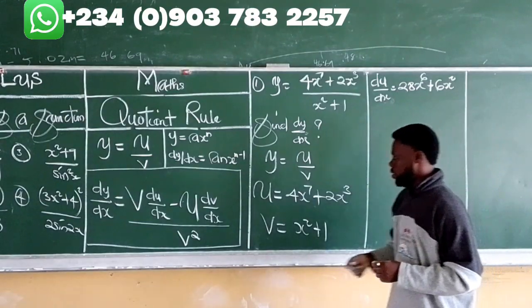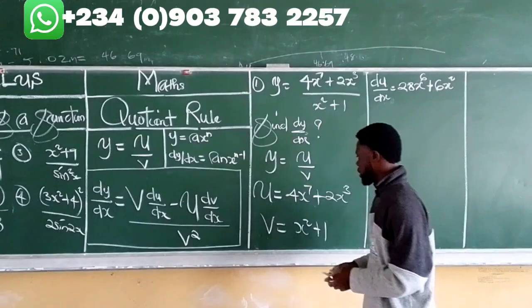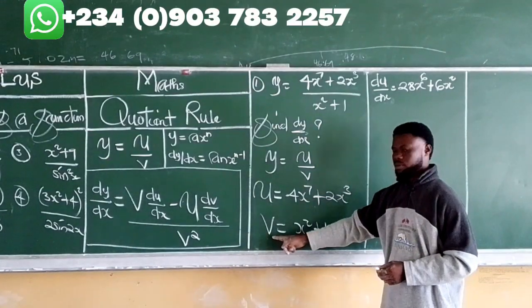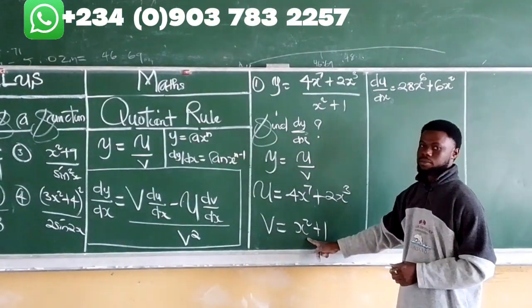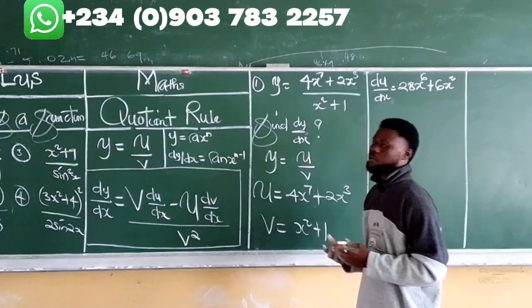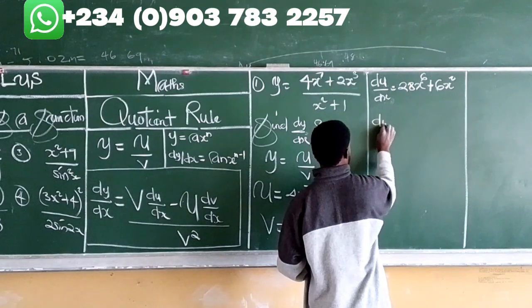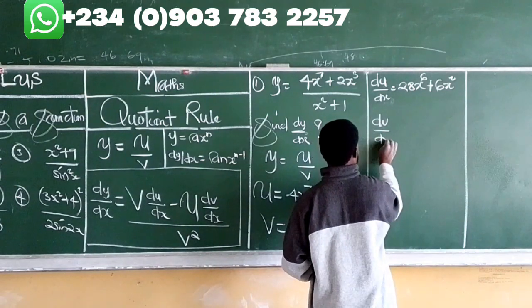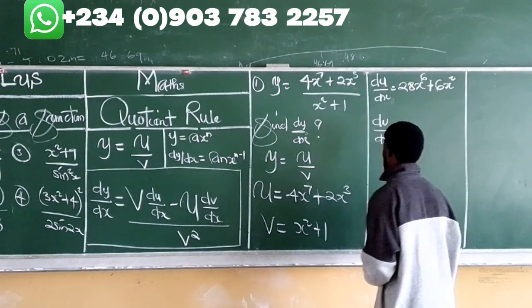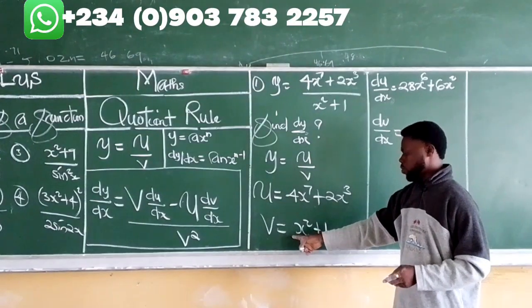Then the next is dv over dx. So dv over dx, we're going to consider this equation, v and x. Applying the same formula for derivation, we have that dv over dx will equal to, the power is 2 and the coefficient is 1.